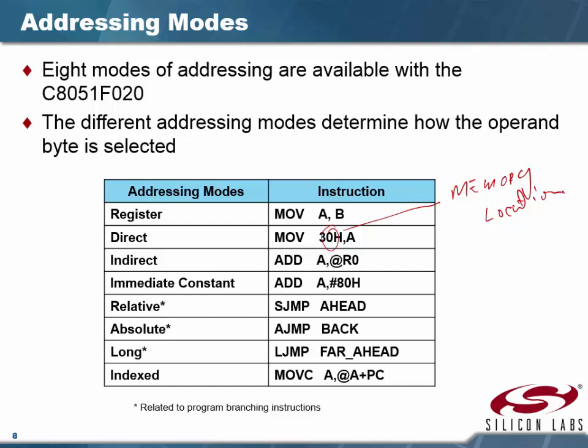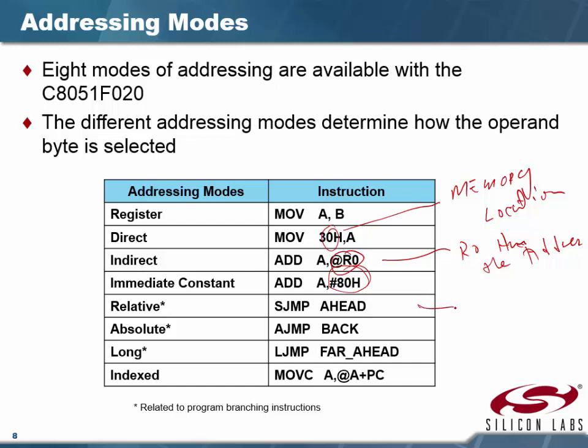Indirect means that R0 contains the memory location, R0 has the address. Immediate means that we're going to move a value straight into, or add that straight to the accumulator and store the resulting accumulator.